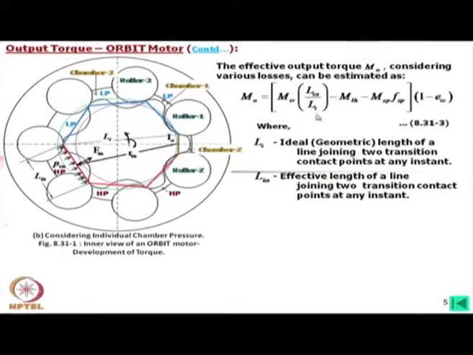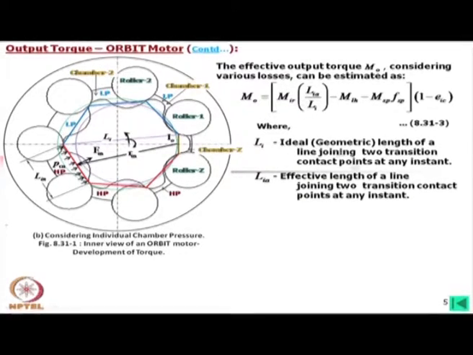Ideal length is what we calculate initially from the contact points without considering any deformation at the contact points. Now, if we consider that there are deformations, then contact points may shift. If that can be calculated, then this will definitely be the deviation of the ideal torque.